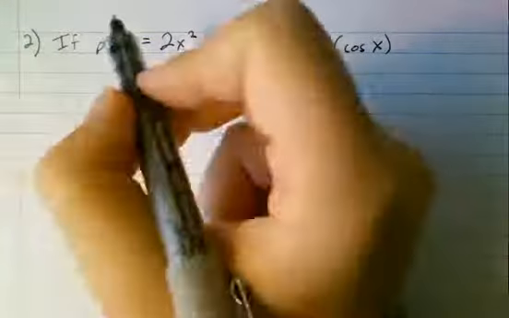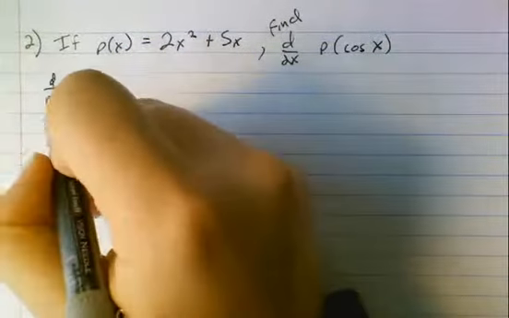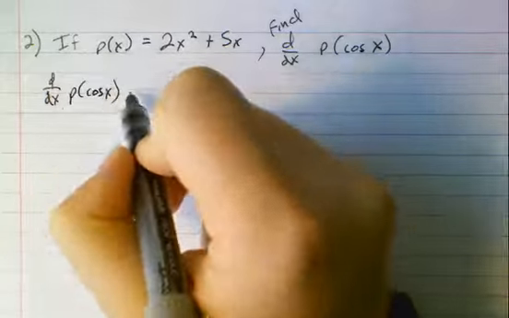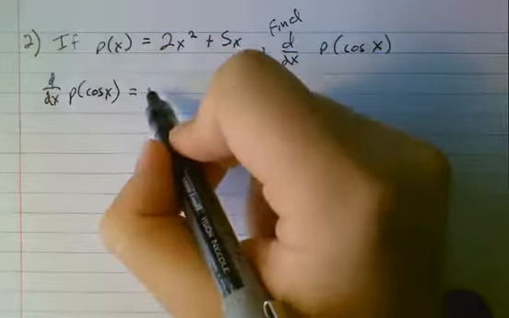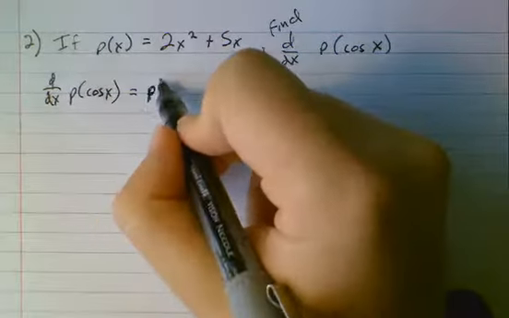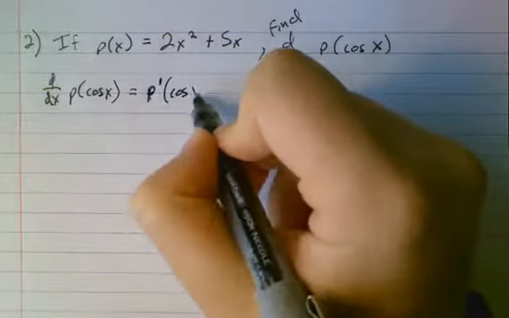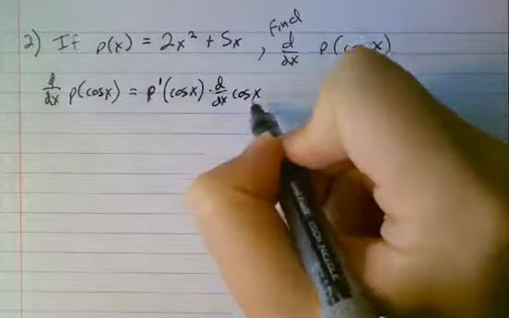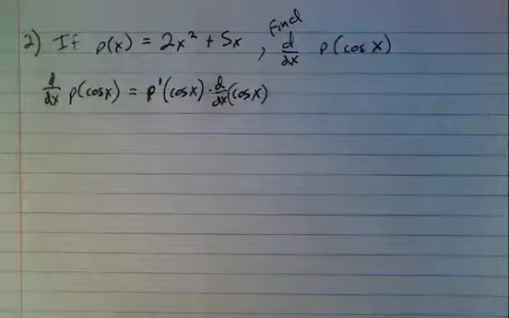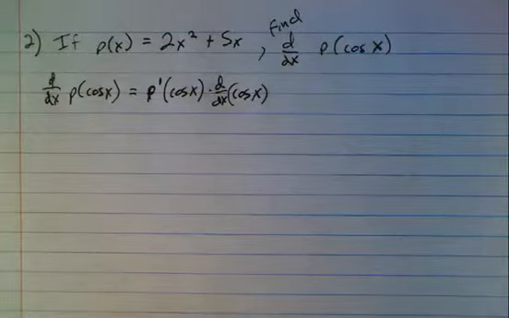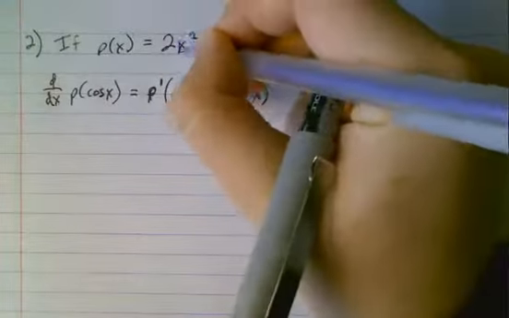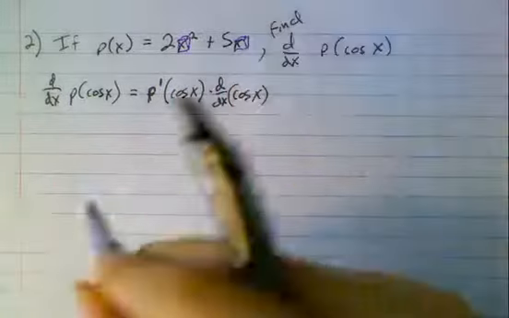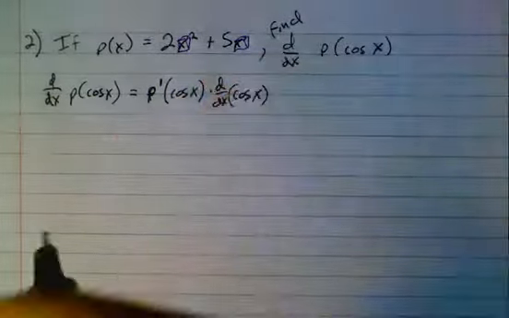So one way to do that is to say that the derivative of p of the cosine of x is p prime of cosine of x times the derivative of the cosine of x. And what that would say is just that we're treating what's up here as if it were a box. We're going to take the derivative and we're going to stick the cosine of x in the box.